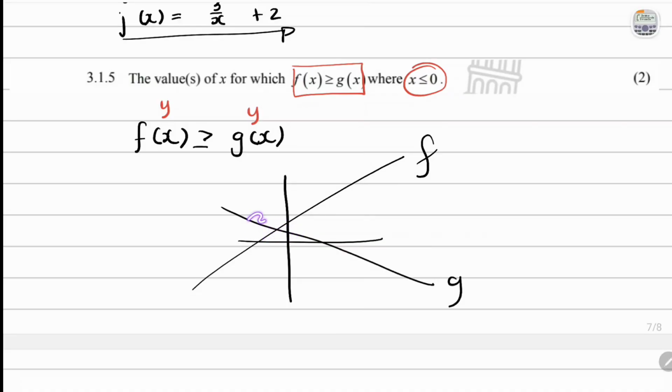And then when you go behind it, at this x value, the y value of g is now above the y value of f. Okay, so it wouldn't happen here. It would be after they are equal that you see the graph of f starts having greater y values than the graph of g. So look for places where the graph of f is above the graph of g.